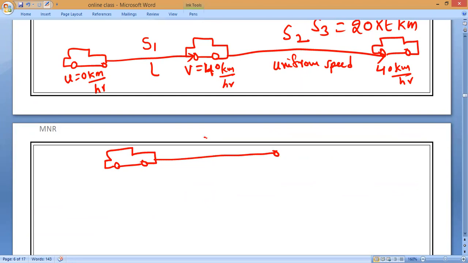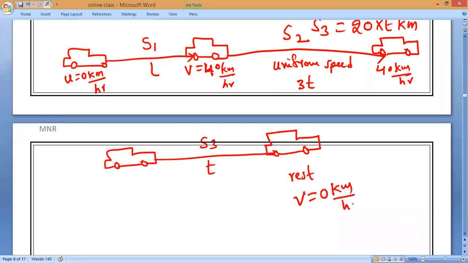Finally it came to S3 distance, again in time 3 times t. The body finally came to rest, so the final velocity is 0, and the initial velocity is 40 kilometer per hour. Clear, everyone? Any doubt?